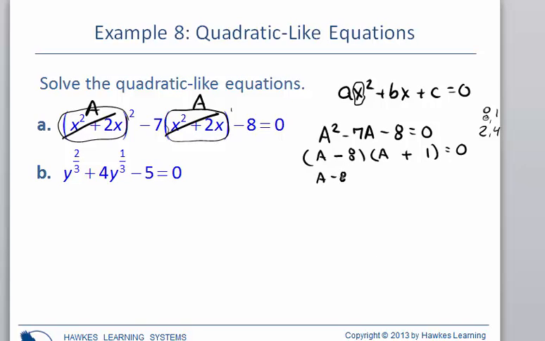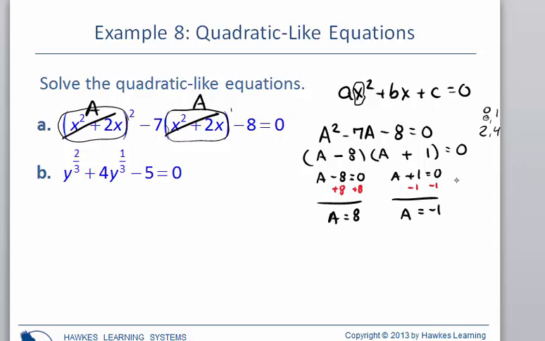So a minus 8 is equal to 0, and a plus 1 is equal to 0, and we'll solve for a. So on the first one, we'll add 8 to both sides. On the second one, we're going to subtract 1 from both sides. So we get a is equal to 8, and we get a is equal to negative 1.